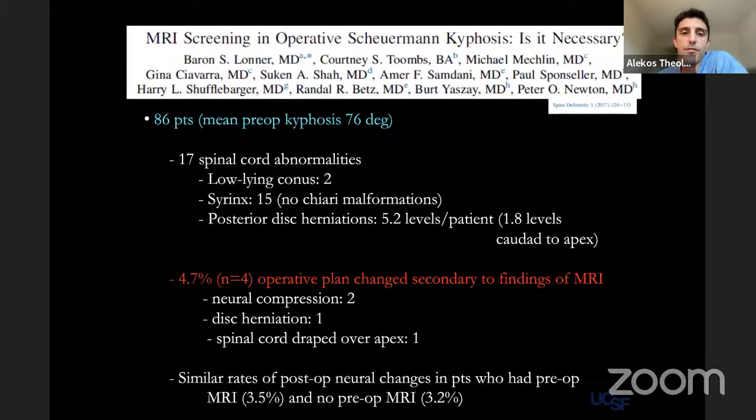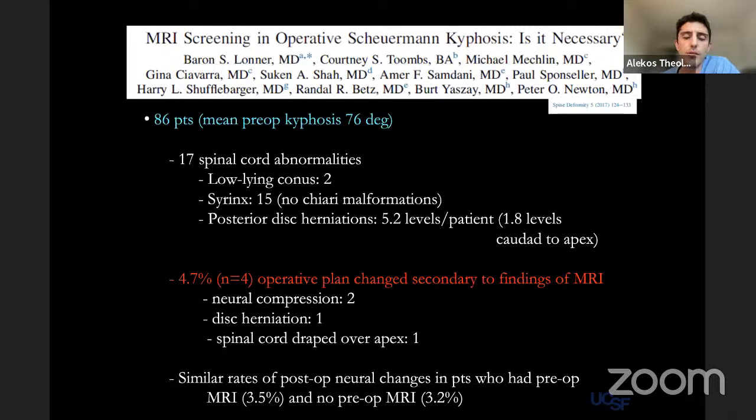This is a nice study from Peter Newton and others who evaluated 86 patients with a mean preoperative kyphosis of 76 degrees, and they looked at MRI screening in patients who underwent surgery. They found that there were 17 spinal cord abnormalities, 2 low-lying conuses, 15 syrinxes with no associated Chiari malformations, and disc herniations were common, at 5 levels per patient.